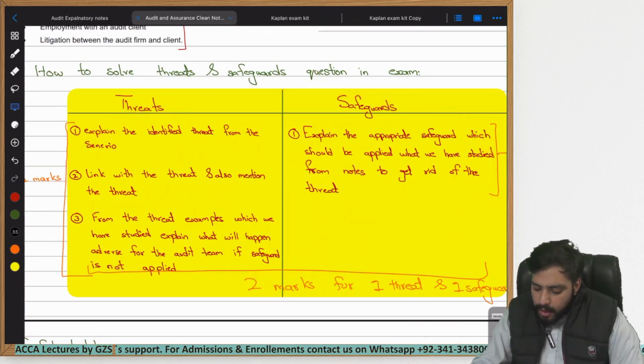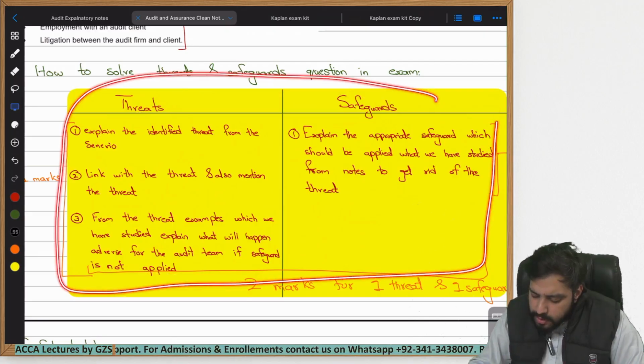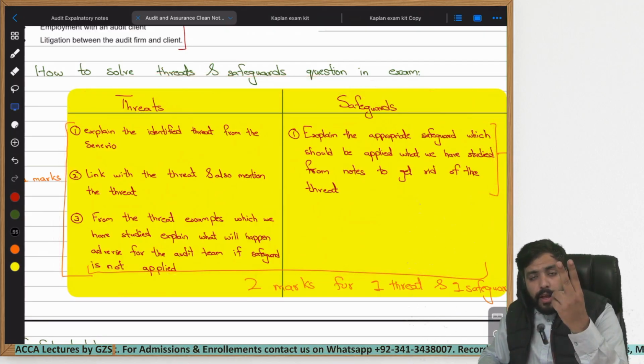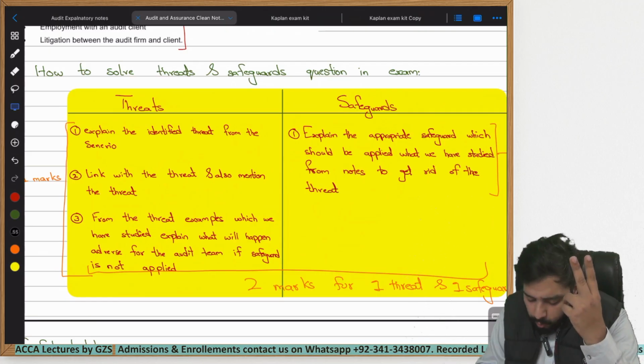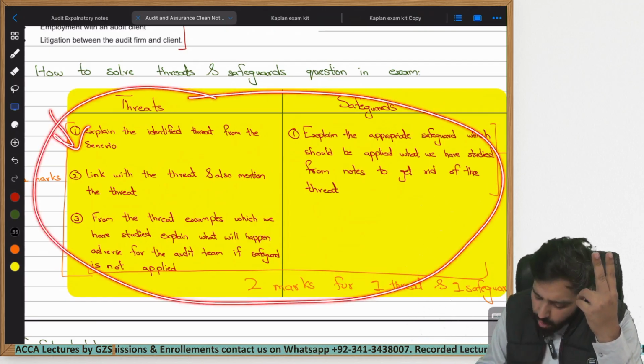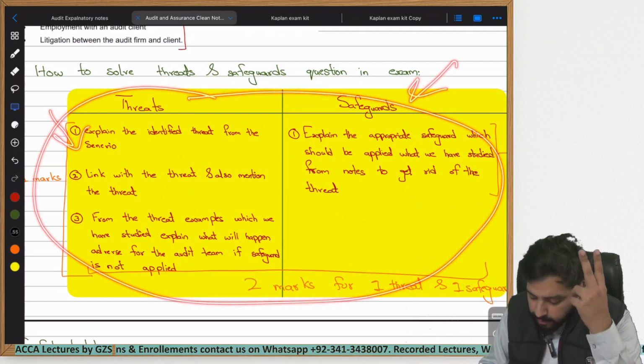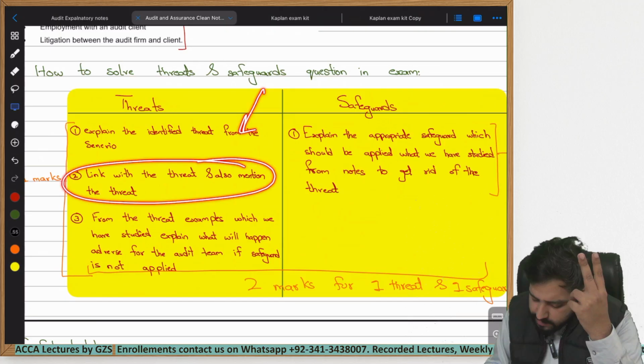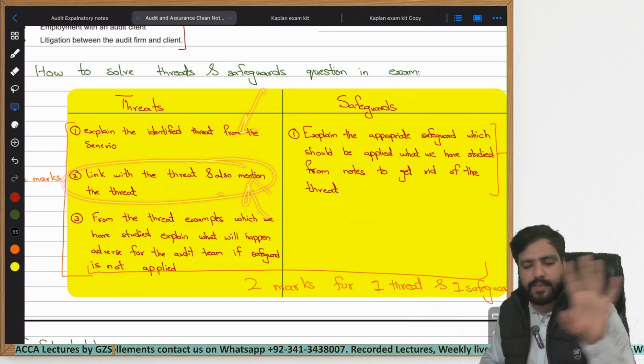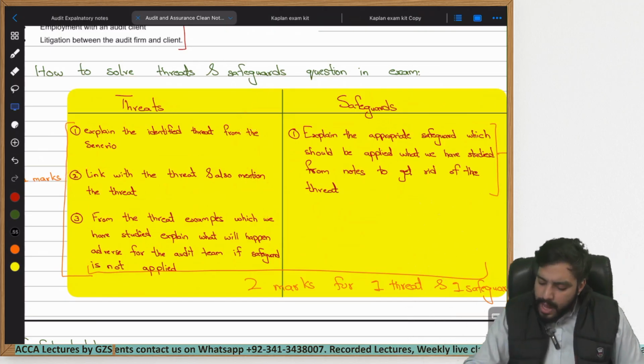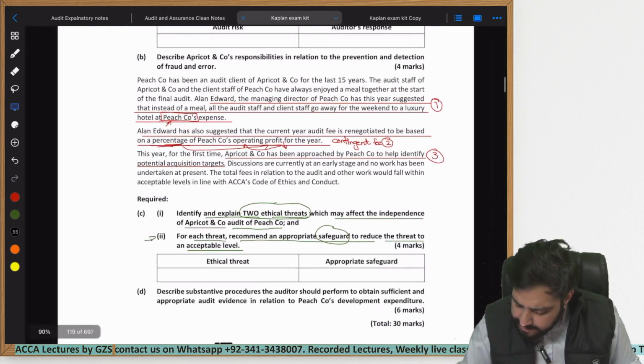No. Any situation that creates two threats, you will always write down one specific part for it. This means only one time you will identify it, and in that one time that you identify, both of these risks would be explained here. That's it.